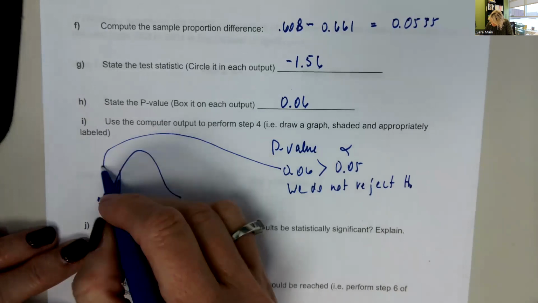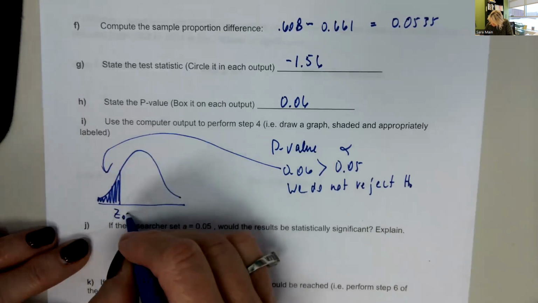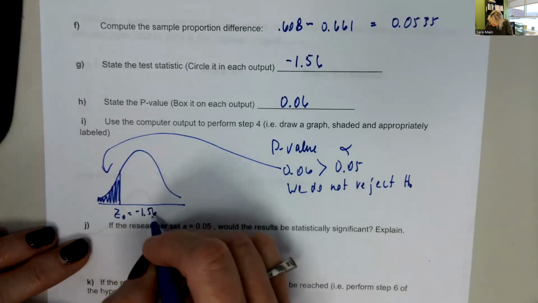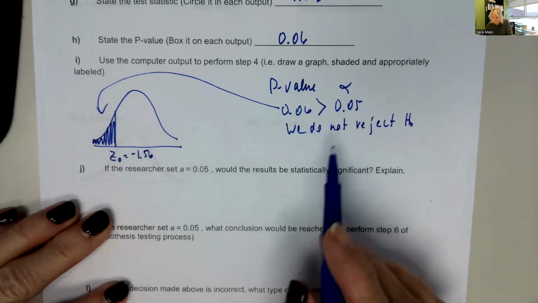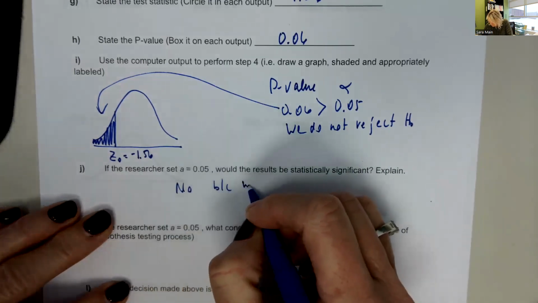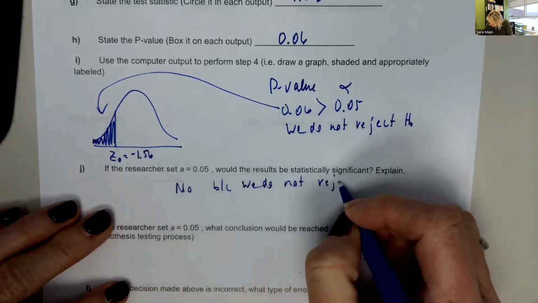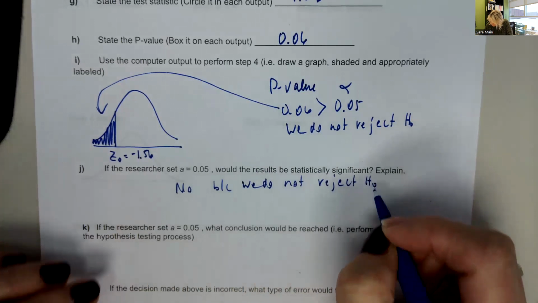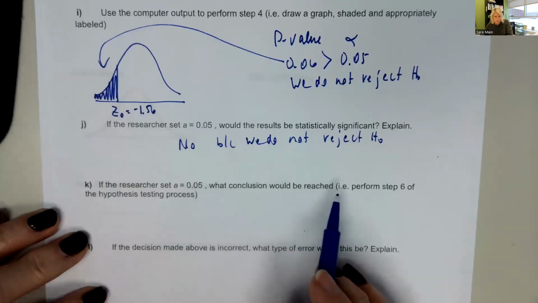My p-value is here. Would this be statistically significant? No, because we do not reject. If the researcher set alpha at 0.05, what conclusion would be reached?